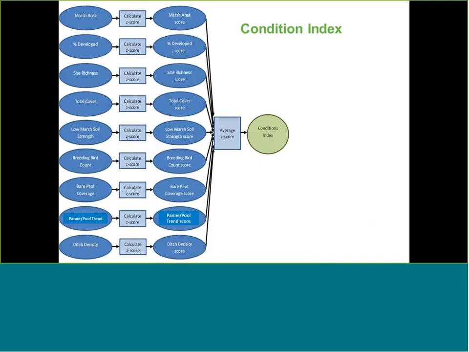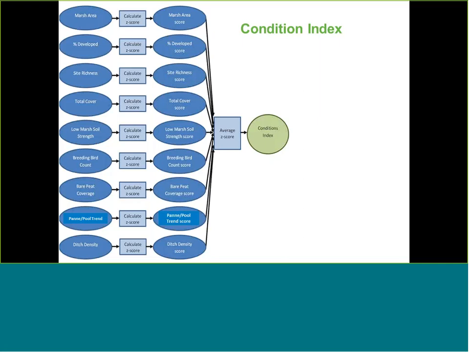So building the conditions index with the Nature Conservancy and the Natural Areas Conservancy, we used the Nature Conservancy's conservation action planning approach to identify the different metrics and build the index. And these are all, again, pulled from our field assessments, largely, as well as desktop analysis and landscape data. These metrics include things that cover the marsh size, habitat, as well as indicators of interior marsh change and fragmentation.